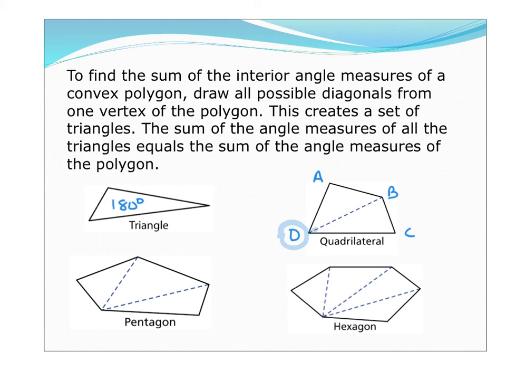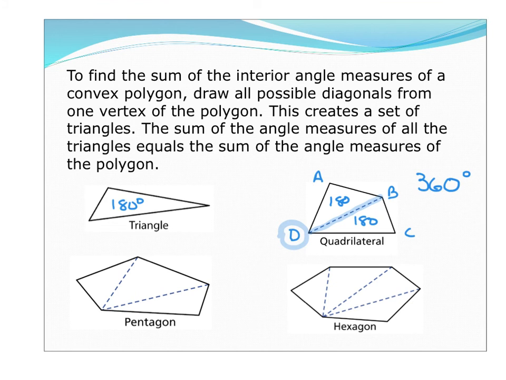This one you can only form one diagonal, which has now made 2 triangles. And again, if you know that each triangle, all 3 angles add up to be 180, I've got 2 triangles here. So the sum of all 4 angles of the quadrilateral is going to be 360.